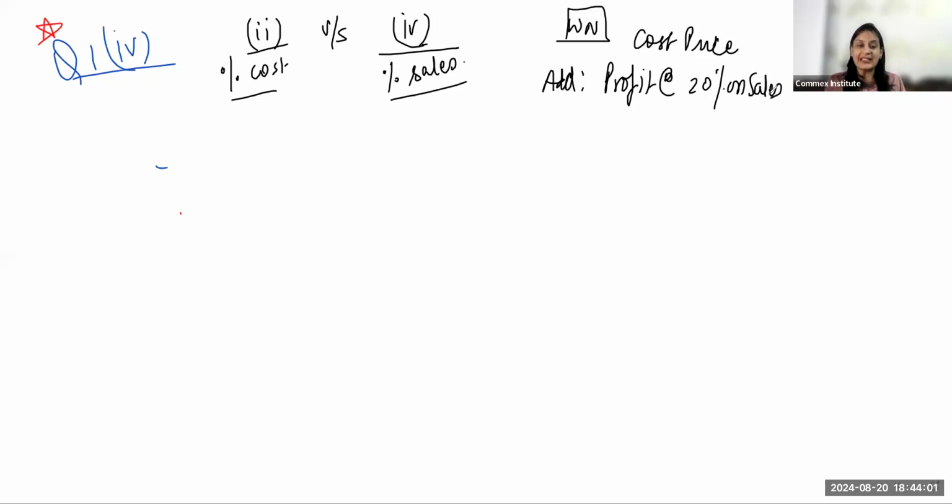I don't know how much is the selling price, but I know the cost price. So if it is 20% on sales price, please remember, I had given you the table earlier. It is equivalent to 25% on cost price. Remember, ये अगर 1/5 है, तो ये क्या हो जाता है, 1/4.